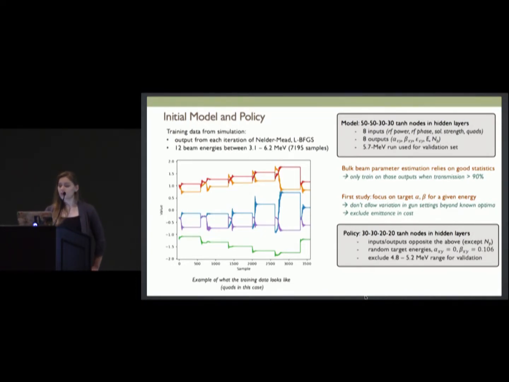And again, we excluded a specific energy range for the validation set and gave it target desired energies. And in this case, we left alpha and beta the same. So one could imagine saying maybe I want my divergence to be not 0 in some case, but here we just left it constant.